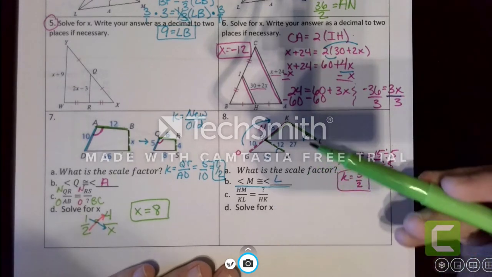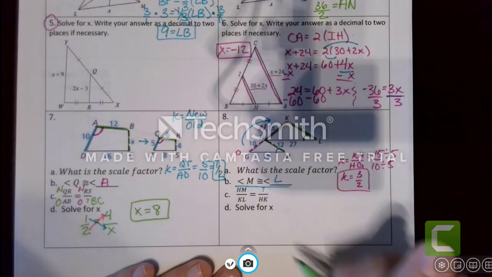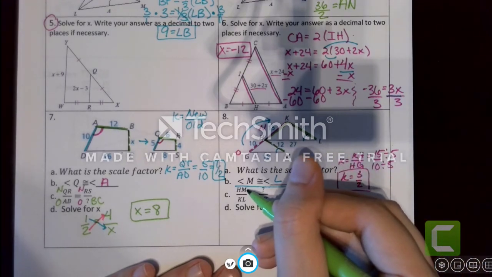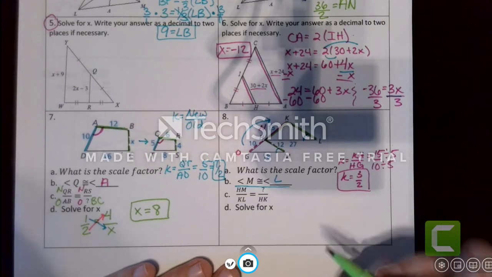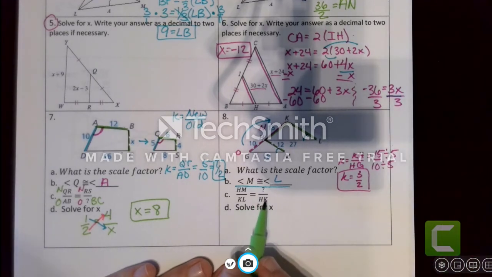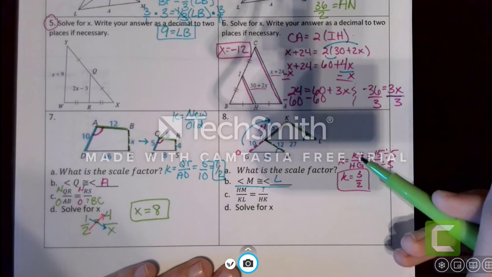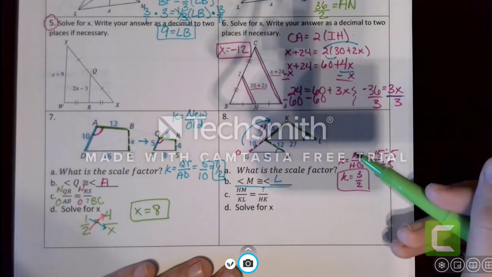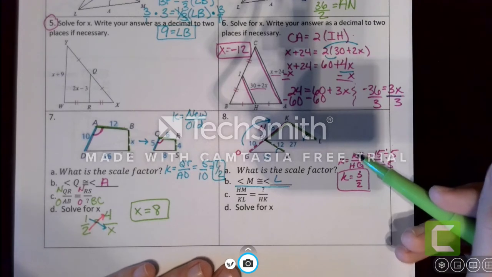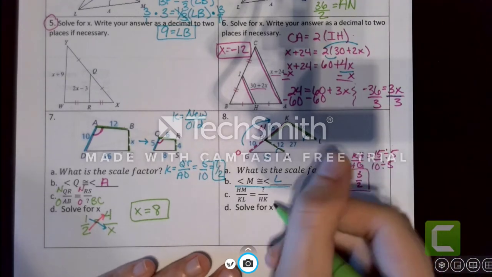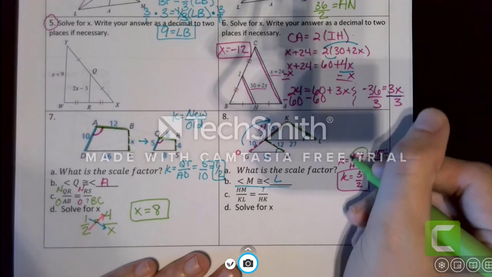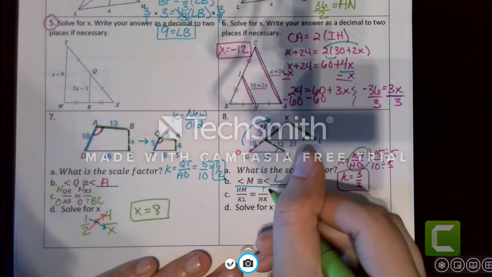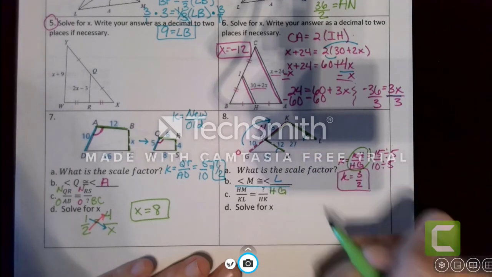This is kind of a flip of what we just did, with the small being our new and the big being our old. So originally we said that KH was our new, and that HG was our old. If we flip that to say big is new, small is old, we just have to flip our fraction from part A, which means your missing part of this proportion is just HG.